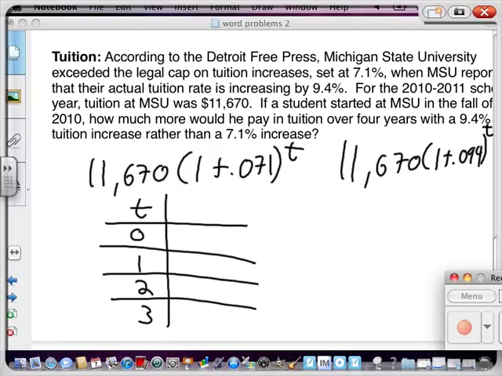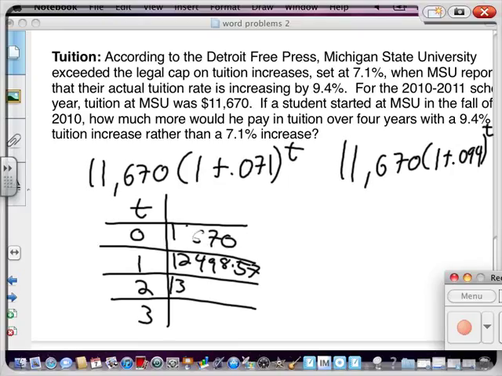So if I plug in 0, I get 11,670. If I plug in 1, I get 12,498 and 57 cents.